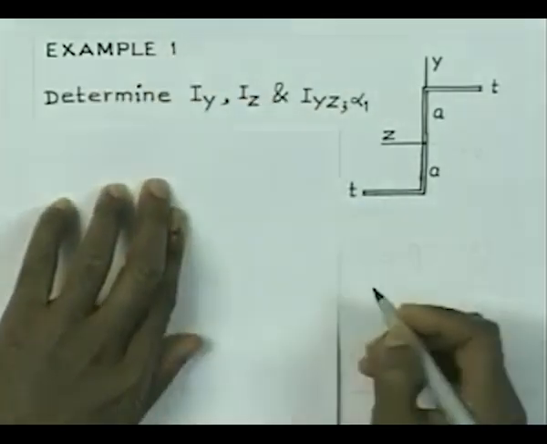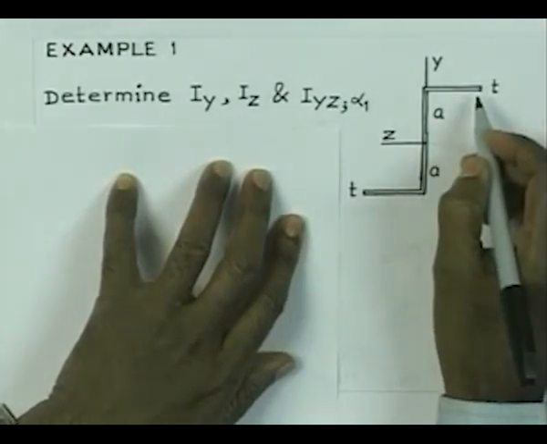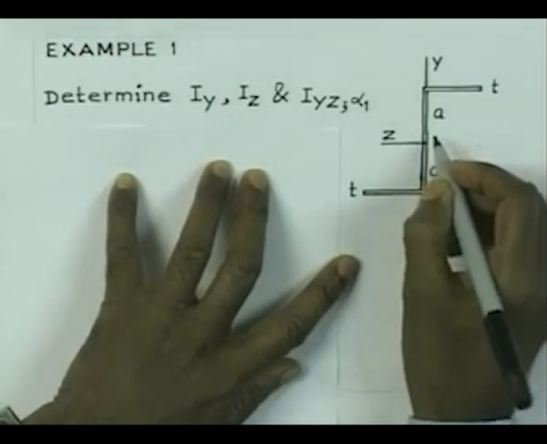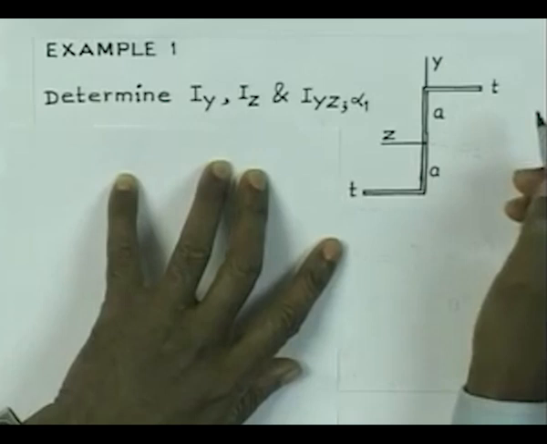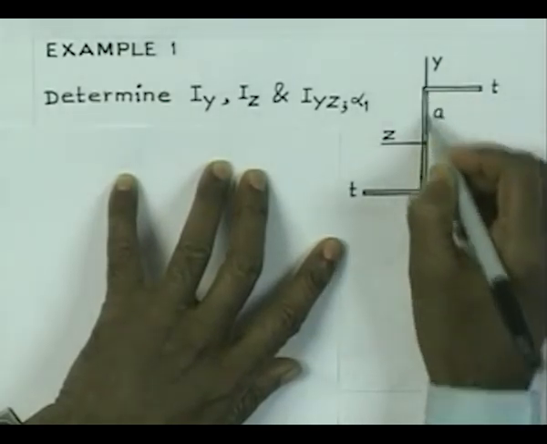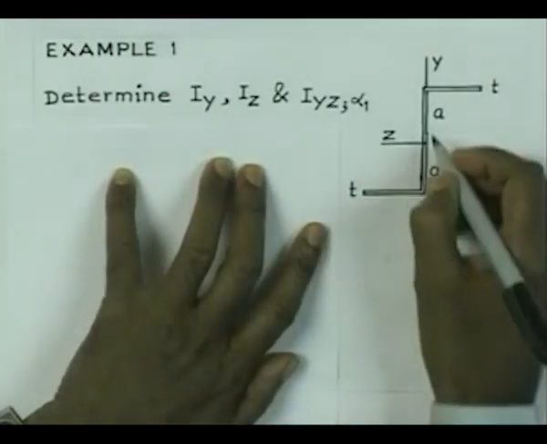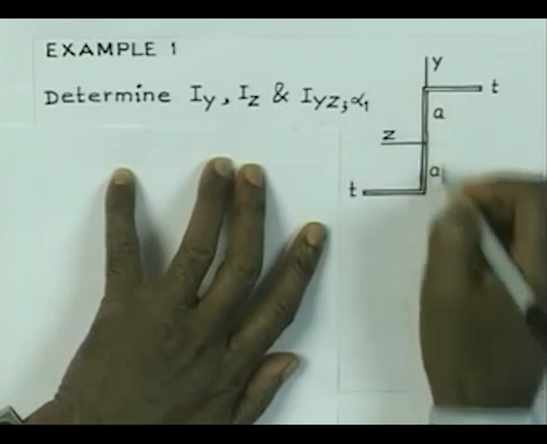So, let us consider an example here. The section is like this, it is a Z, inverted Z section, and dimensions are as shown here, a very thin section, or rather the wall of the section is very thin, the flange is very thin, so also the web is thin, and everywhere the thickness is equal to t, and this dimension, the semi height of the web, is a.